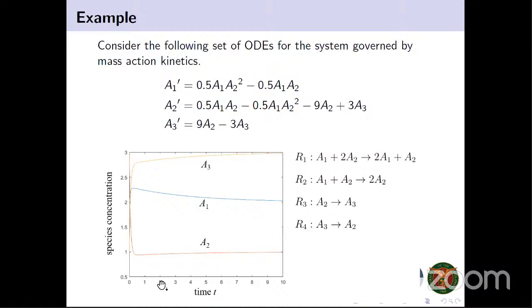We can see here that the species here are A1, A2, and A3. So the species concentration changes over time. And as we can see here, an equilibrium would be 2, 1, and 3. And you can actually compute it here in the given ODEs.